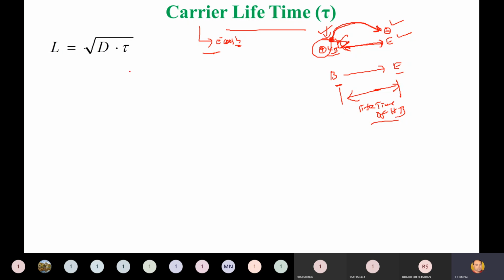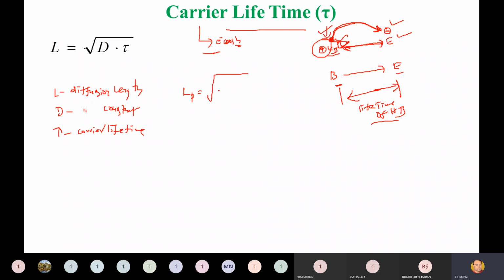That is given by a formula. L is called diffusion length, D is called diffusion constant, and tau is called carrier lifetime. Suppose for the carrier lifetime of holes, what is the formula?